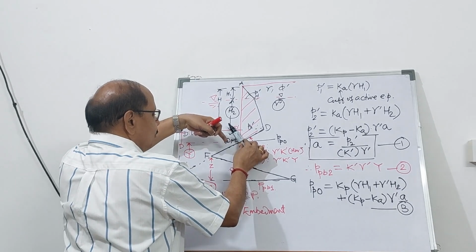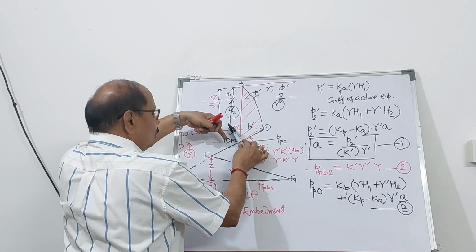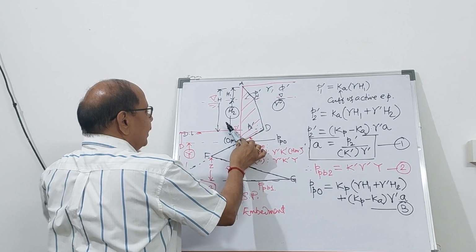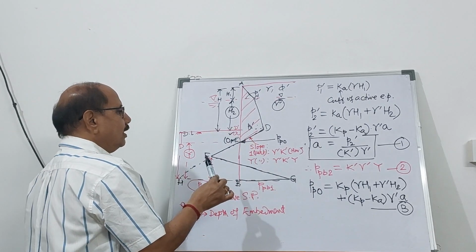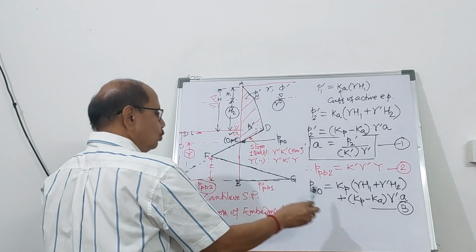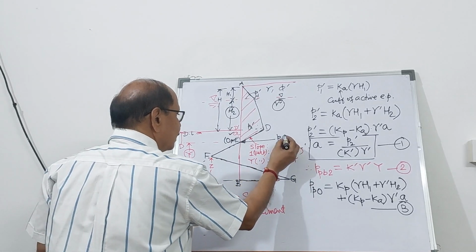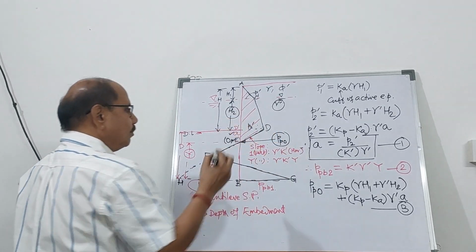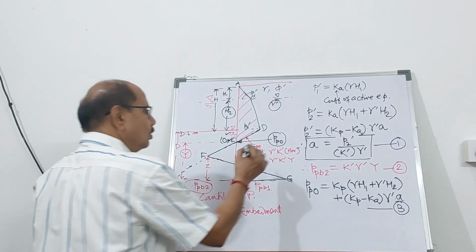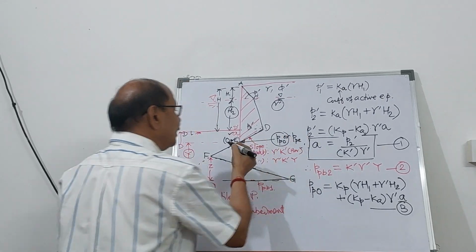Both active and passive conditions act in this zone, and therefore below the dredge line up to A it is Kp minus Ka times gamma prime into A. So I hope you have understood the passive pressure at O or at E, PP at E, one and the same.